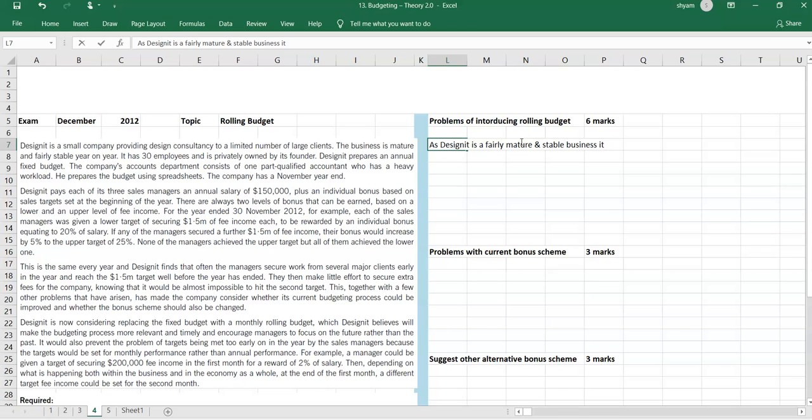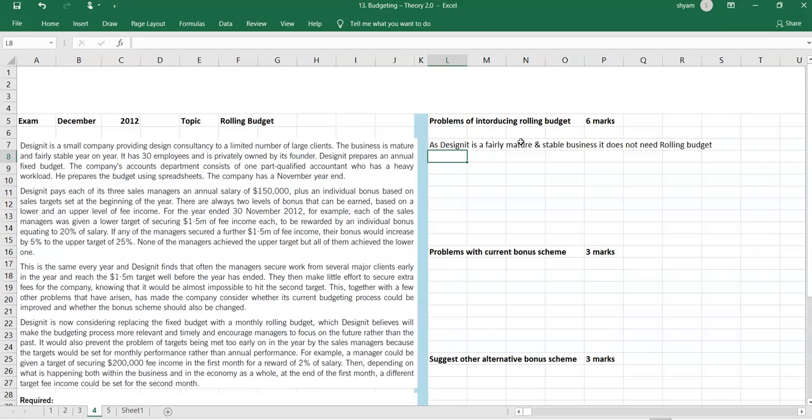It does not need rolling budget. Okay, so first of all it doesn't need it.